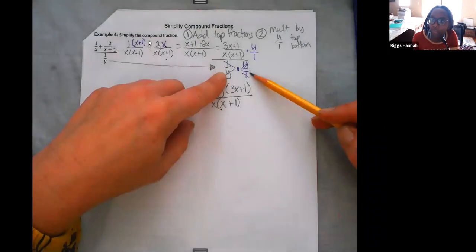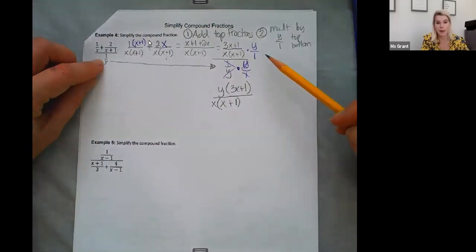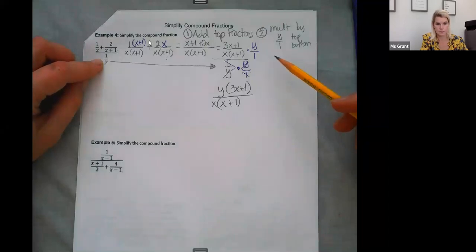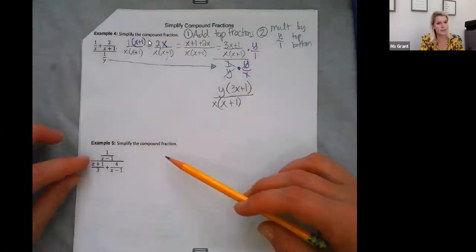I know, but if instead of 1 over y, what if it was like a 6? Would you still have to do that? Yeah, I would. So it only applies to when there's a fraction in the numerator. Correct. If there's a fraction in both the numerator and the denominator, then you have to do all this extra work. And that's what's going to happen on example 5 as well.